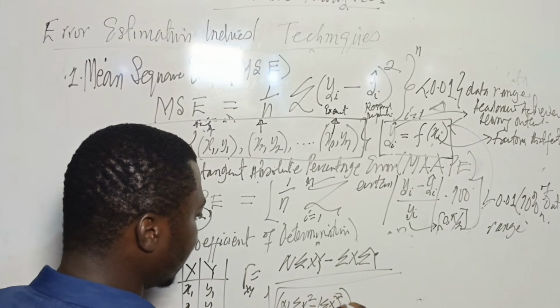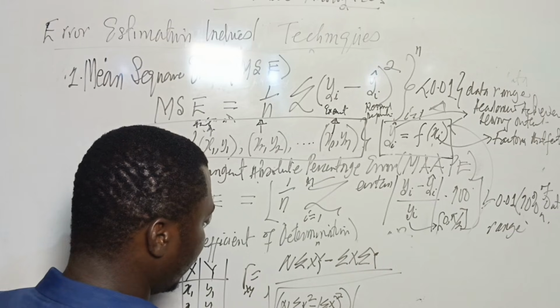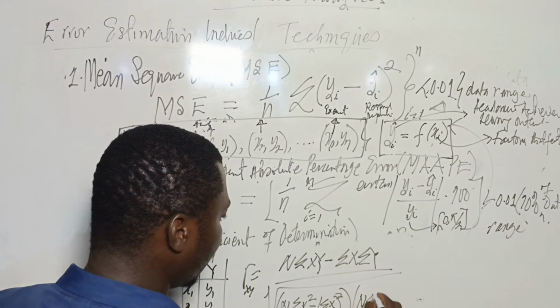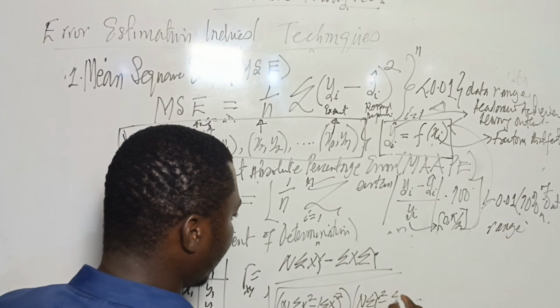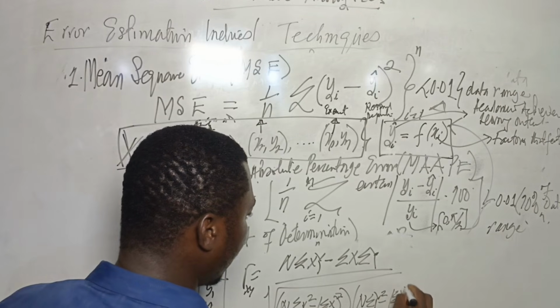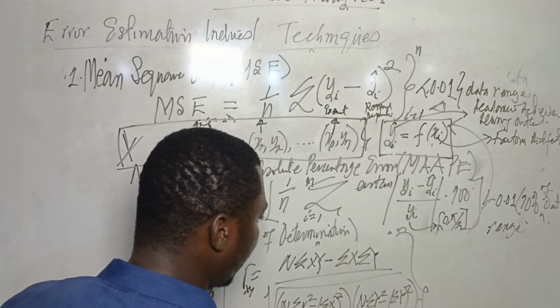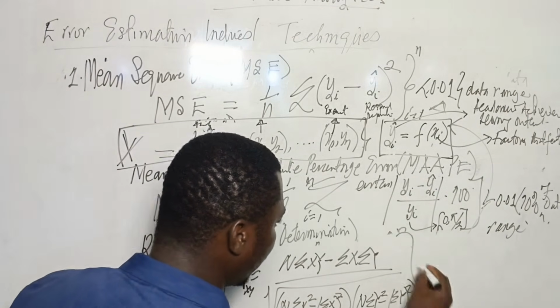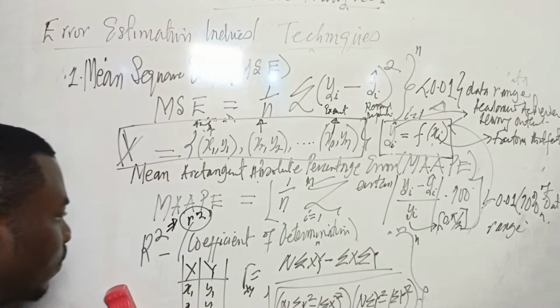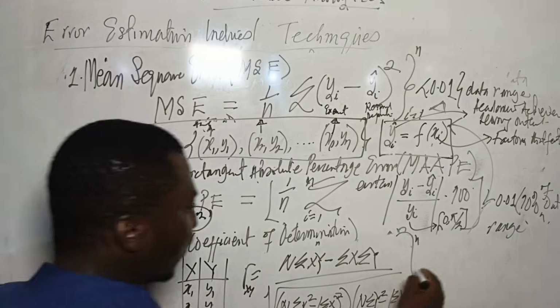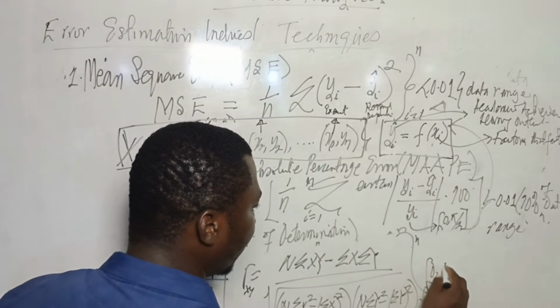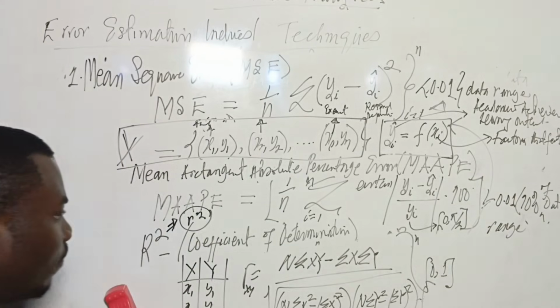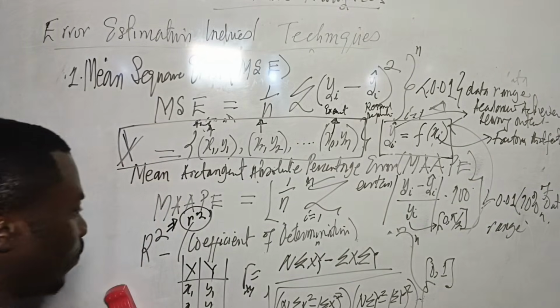You close the brackets, you multiply it by n summation y squared minus summation y all squared. You close the bracket. Remember, it runs from i equals 1 to n, and the range is 0 and 1 for any positive relationship that you want to have.